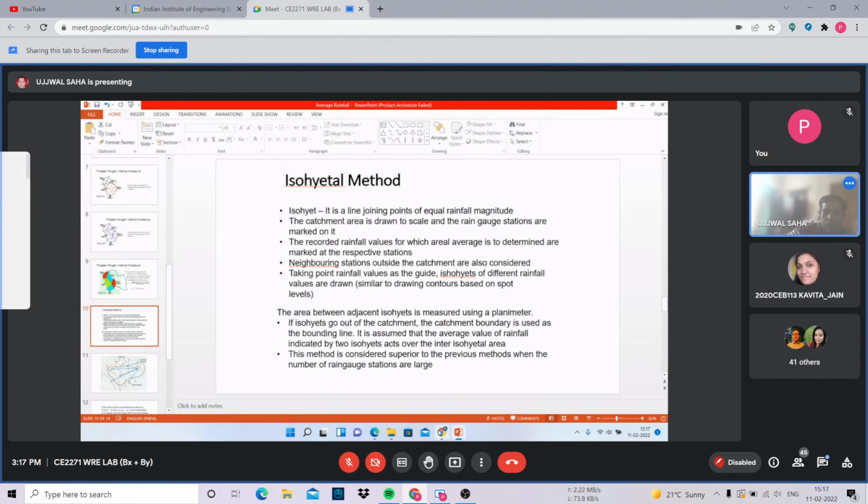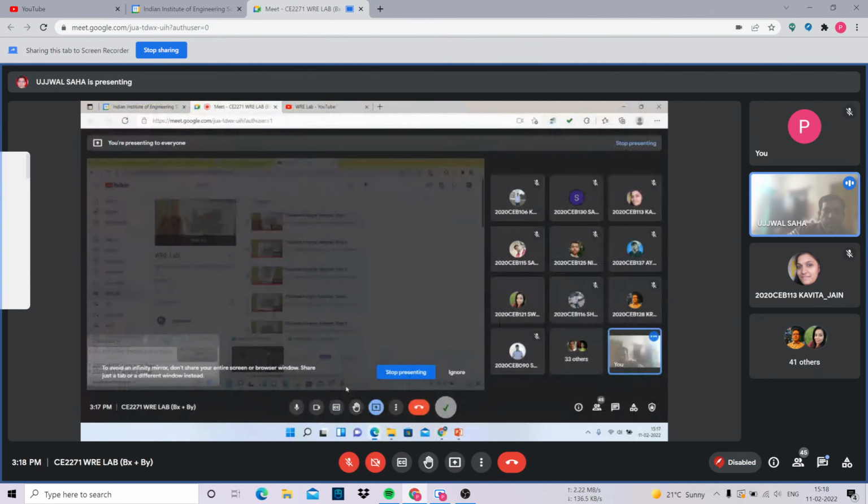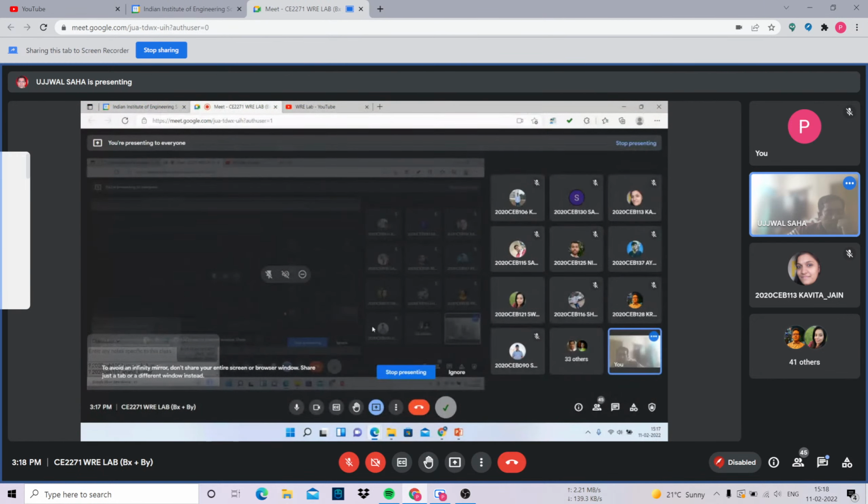Now, Dev, Anand, can you tell what is actually the assumption in this Thiessen polygon? So one thing is rain uniformly happens in the catchment.